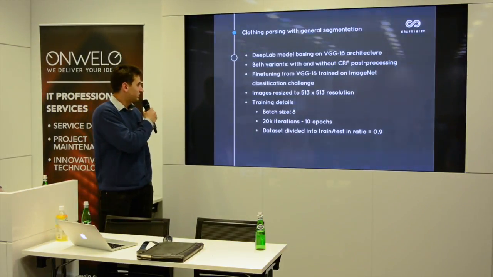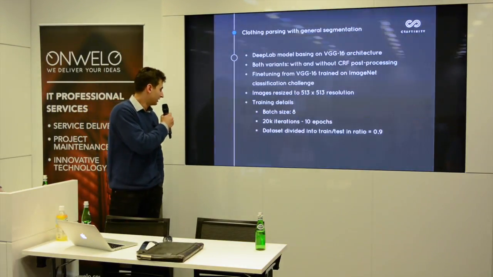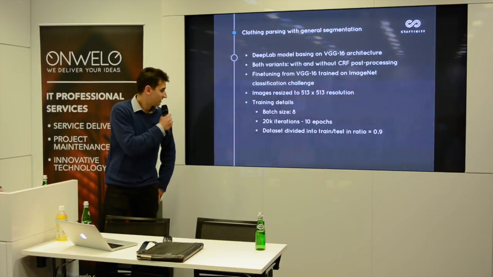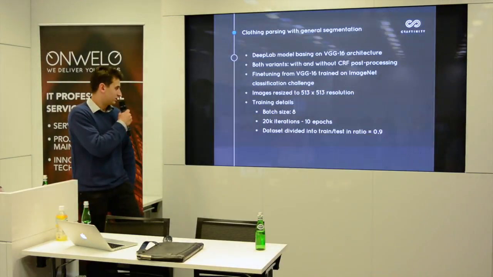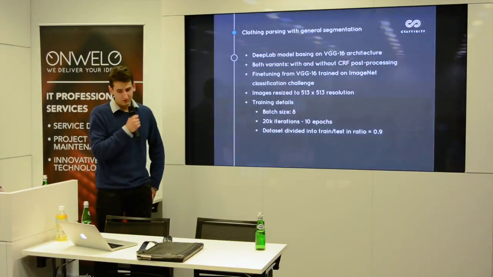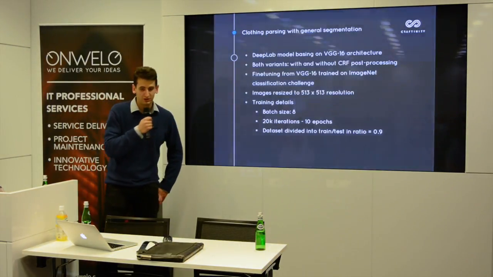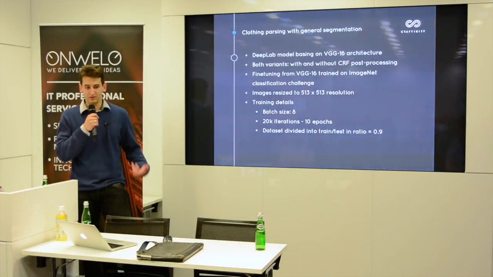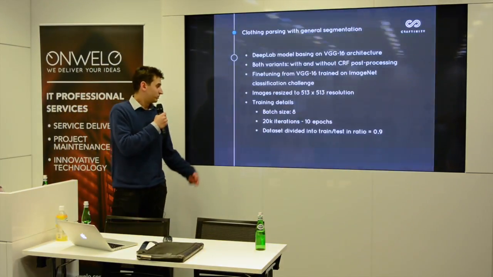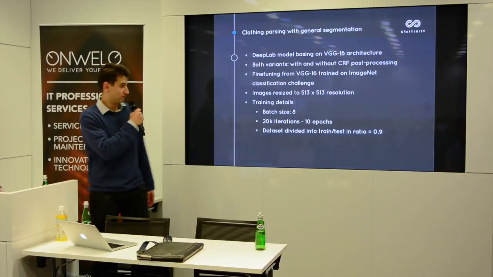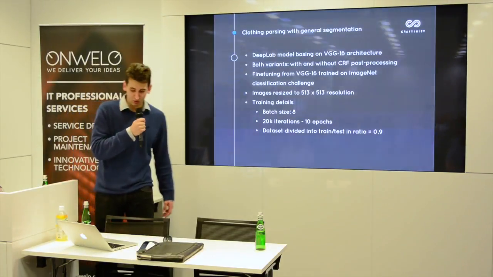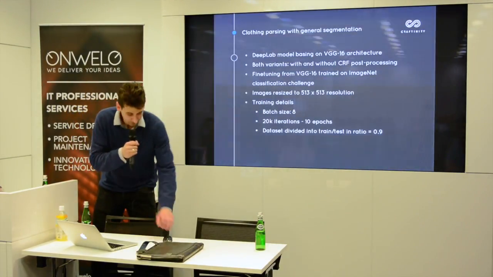When it comes to training details, we took the batch size equal to 8. We performed only 10 epochs, and we divided our whole data set, almost 8,000 images, into train and test with the ratio 0.9.